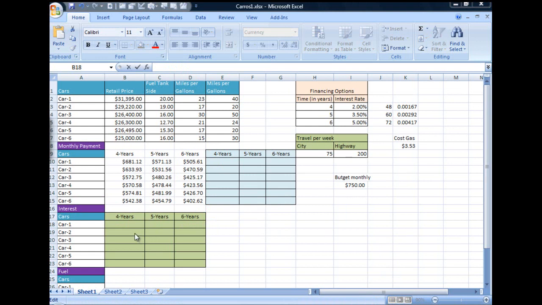Now let's calculate the interest, so the money that you pay only for the interest in each loan. So you click here, press equal sign.